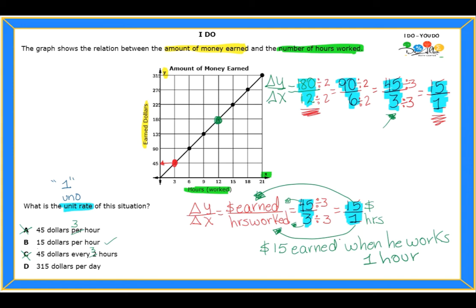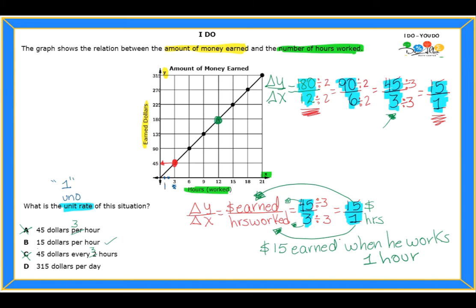And then one of the last ones over here, $315 per day. That's a little bit too far off, right? Another thing that you could have done is actually look at the graph and say, if this is a 3, but this is kind of like estimating, right? If this is a 3, then this would be 1, this would be 2, more or less. And I'm looking for 1.